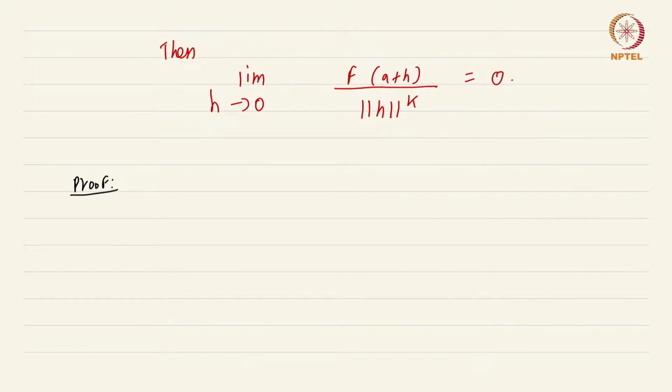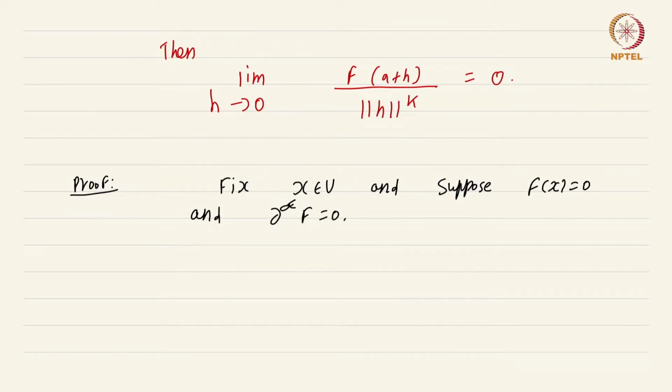So if you don't mind, I'm going to fix x in U, and suppose f of x equal to 0 and del alpha f at x equal to 0 for mod alpha less than or equal to k. Okay, so I'm changing the point because I'm going to be applying induction.